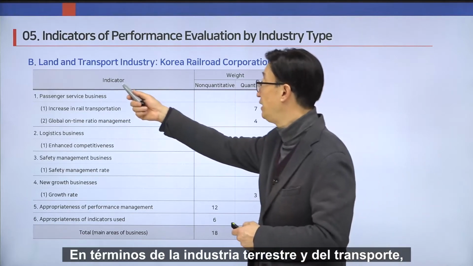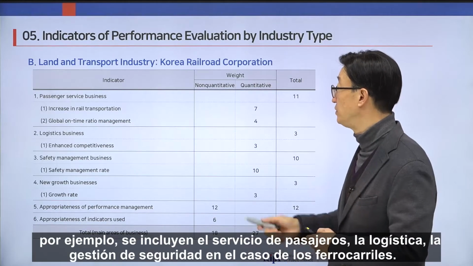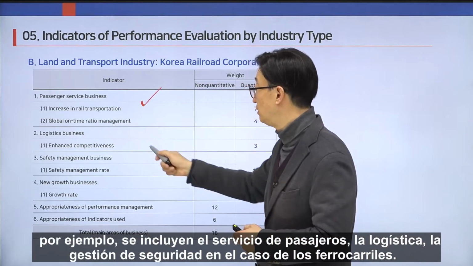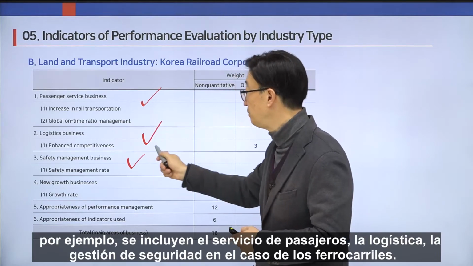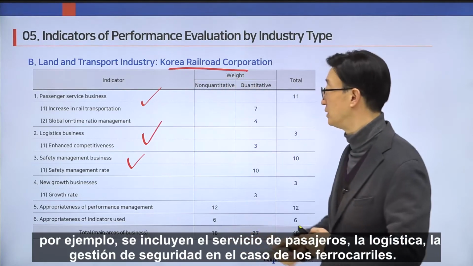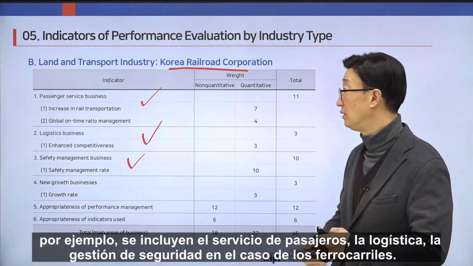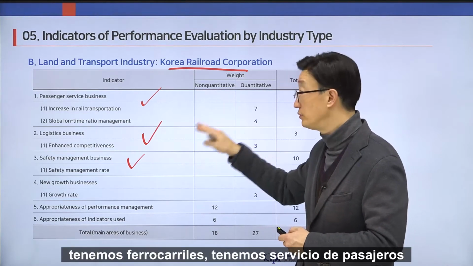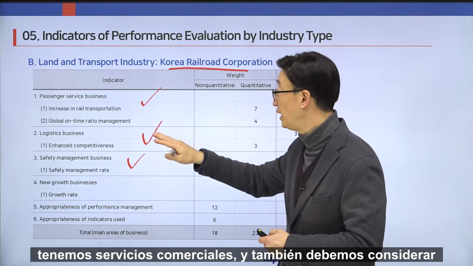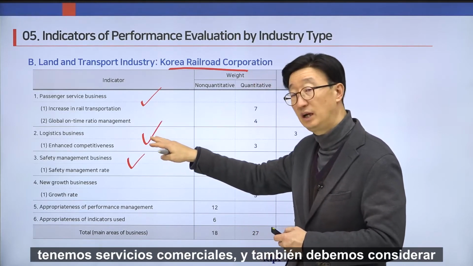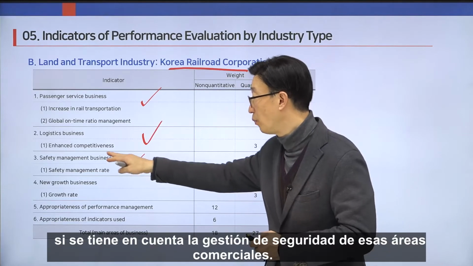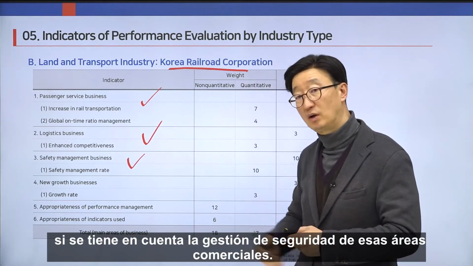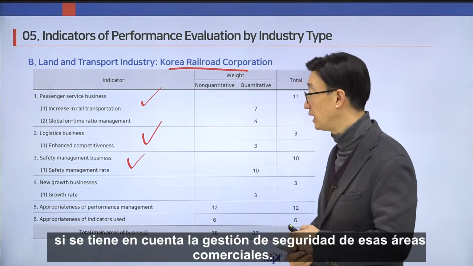Now, in terms of land and transport industry, for instance, passenger service, logistics, safety management, in the case of railroads, are included. So these are industry-specific. For railroads, we have passenger service, we have commercial services, and also we need to take into account whether the safety management of those business areas is well taken into account.